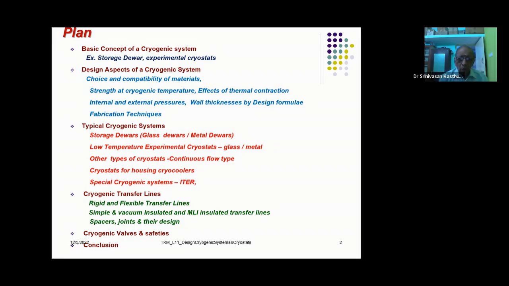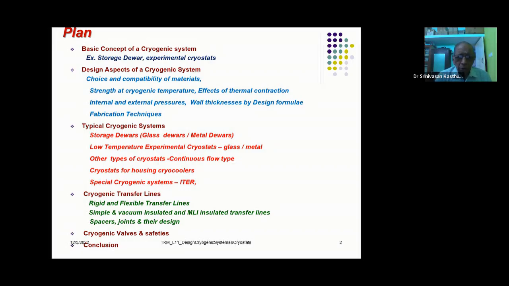Then the wall thicknesses of a storage vessel or a cryostat should be designed by certain standard formulas which are based on ASME Section 8 pressure codes, and also the fabrication procedures or techniques which one will be using for these systems.